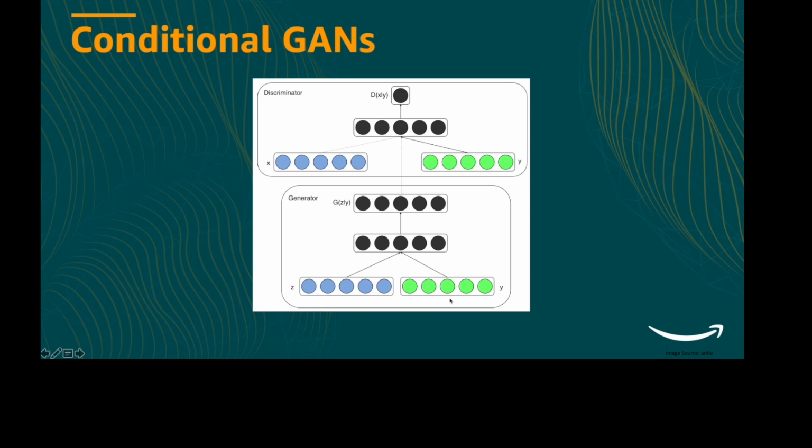This way the generator will be able to generate the output conditioned on the information provided by y. So this is the conditional GAN. There are many other variants of GANs, like InfoGANs and so on, which you can go through in detail later. But the whole concept remains the same: you have a generator and a discriminator network, and they try to compete with each other.